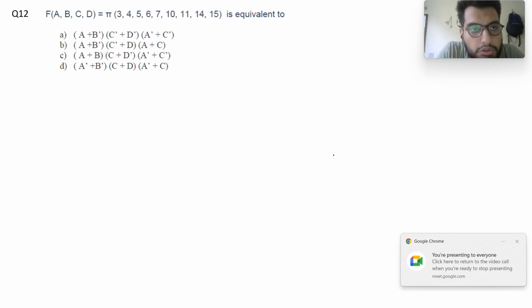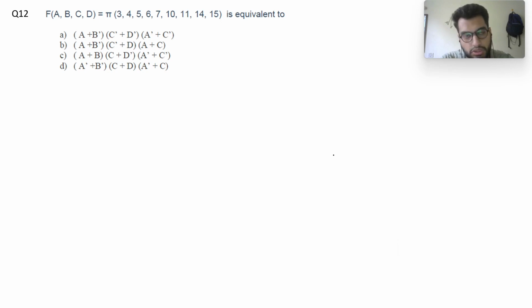Question number 12: f of A, B, C, D is equal to pi, the product of maxterms 3, 4, 5, 6, 7, 10, 11, 14, and 15. So we have to find the minimized POS expression.